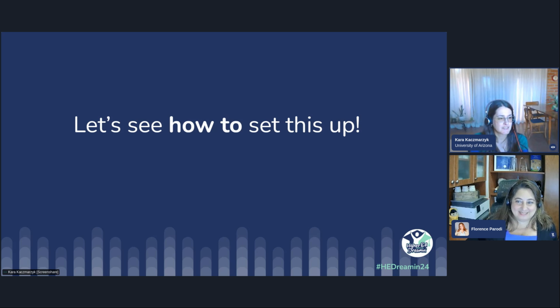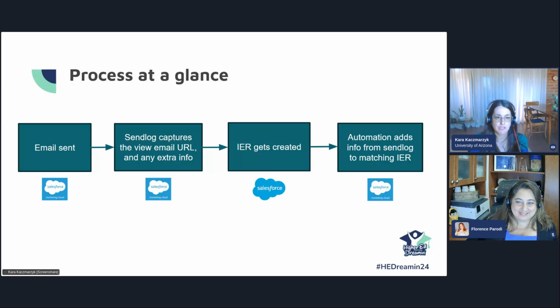All right. So before we jump into getting the send log set up, I just wanted to recap the process that we're going to be talking about. An email is sent from Marketing Cloud. This new send log that you set up will start capturing that view email link automatically and any extra info that you want to capture for your org and for your sends.